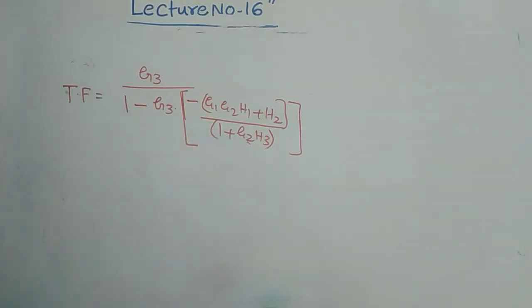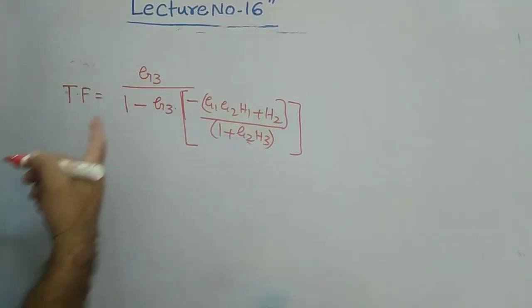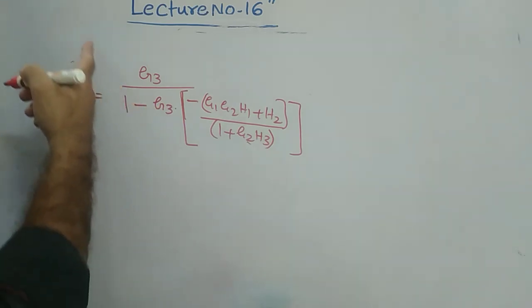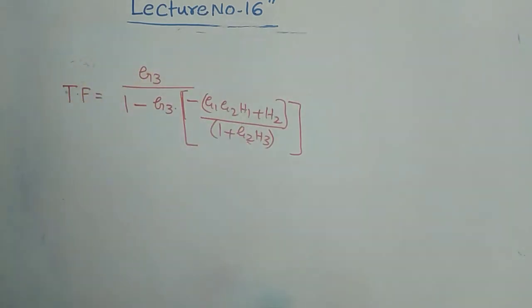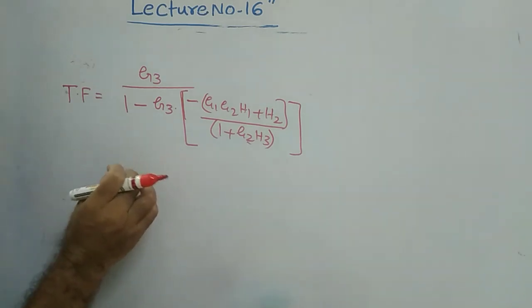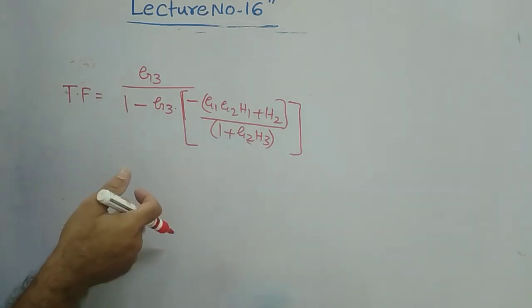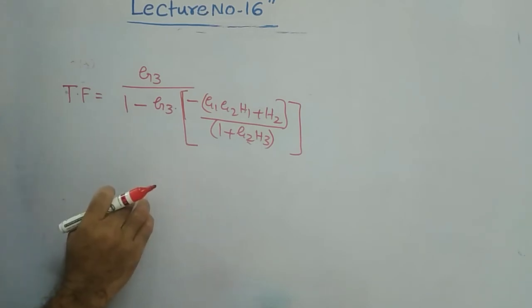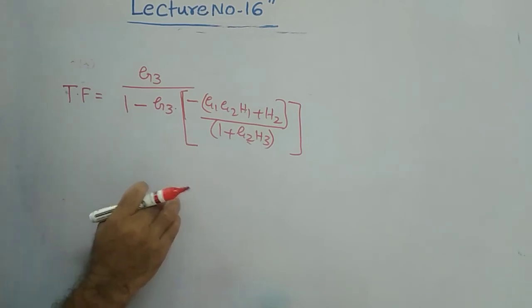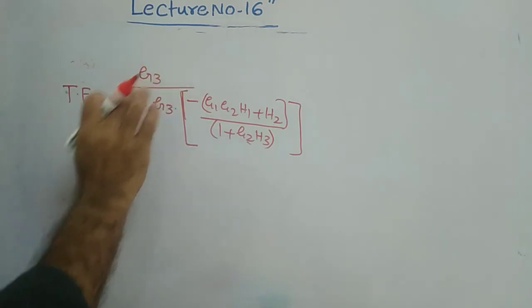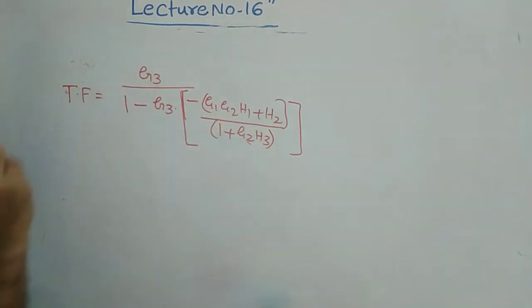Therefore, gain by 1 minus, because it is positive feedback. So for positive feedback in the given closed loop, the answer will be gain by 1 minus gain into feedback factor.